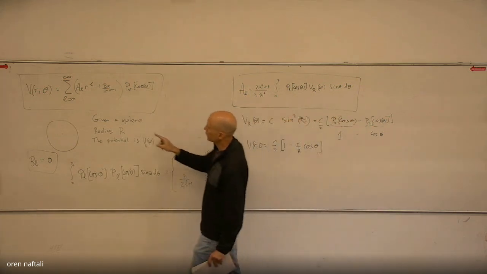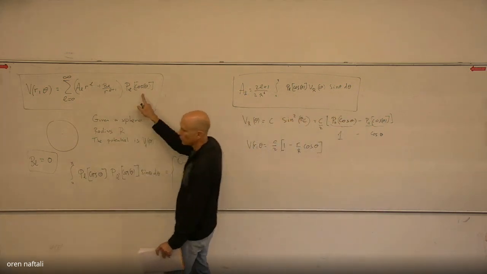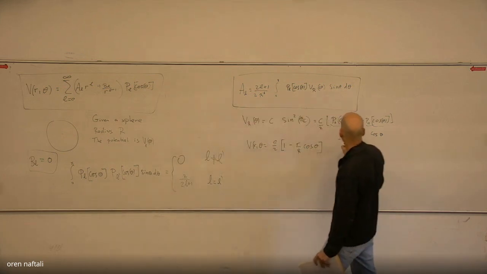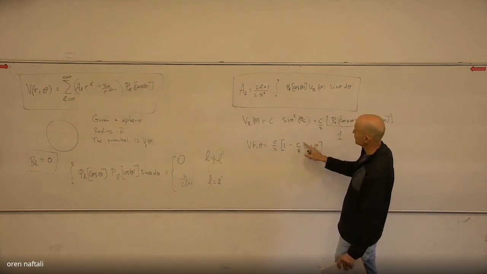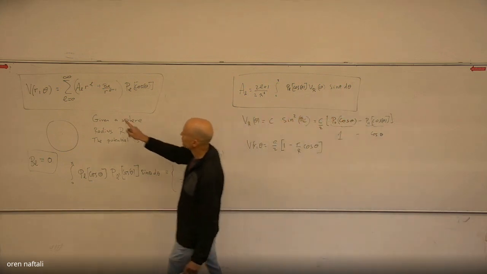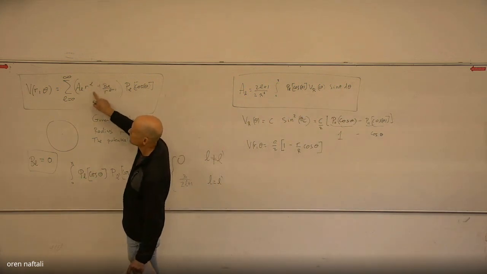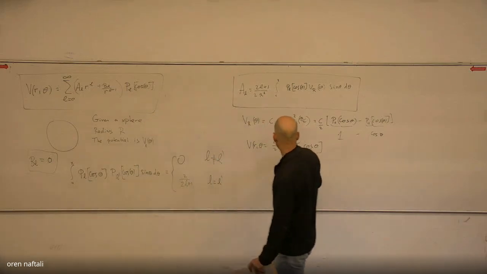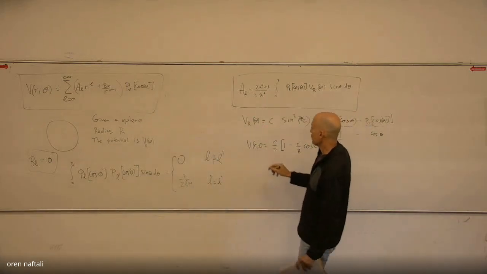This comes from L equal 1, and it's multiplied by a cosine, this is the P1. And the 1 is with L equals 0, so this is r to the 0, so there's no r dependence, and it's just a constant. And this is P0. This is the solution.